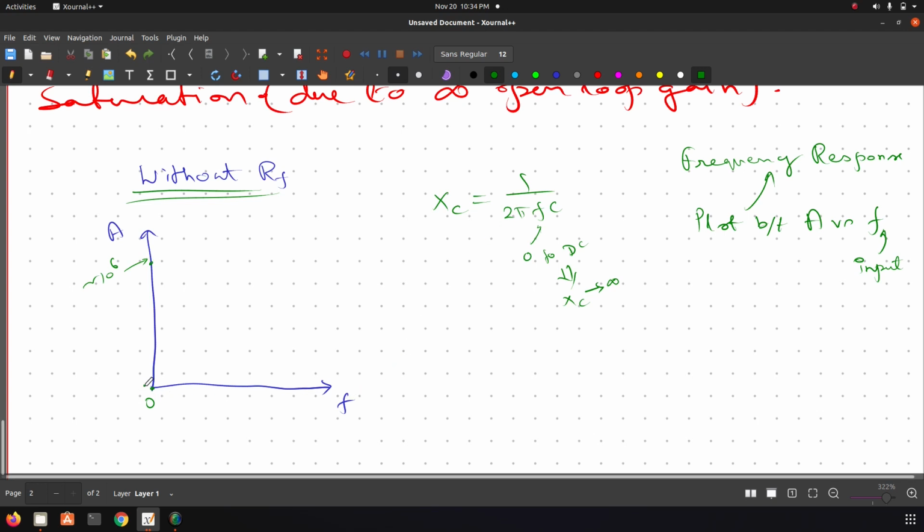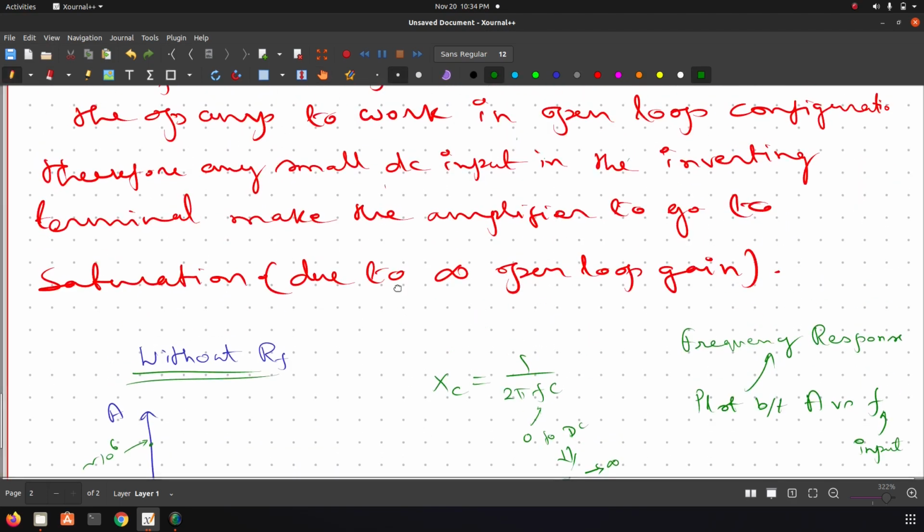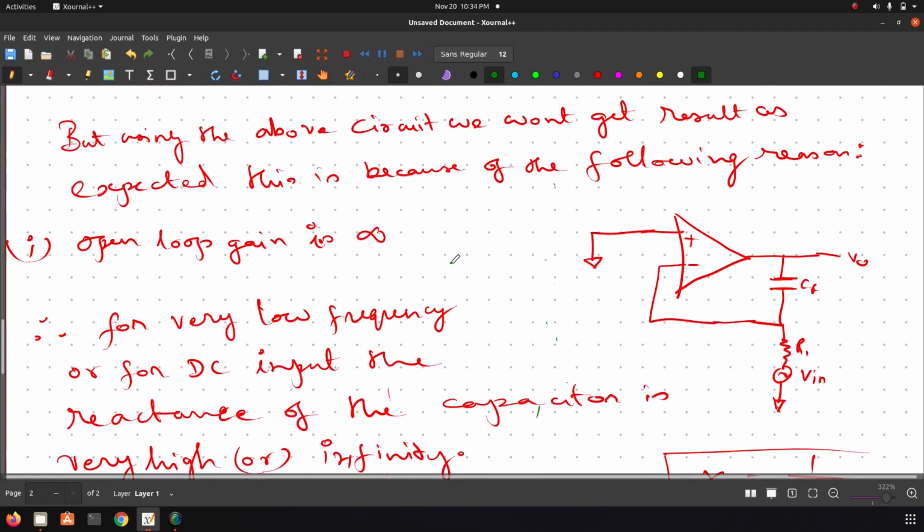As the frequency increases, Xc starts to decrease and the feedback loop is established. If you look at the circuit, as the input frequency increases, this capacitor starts to show some reactance. As a result, it is no more an open circuit, and we can establish a negative feedback.